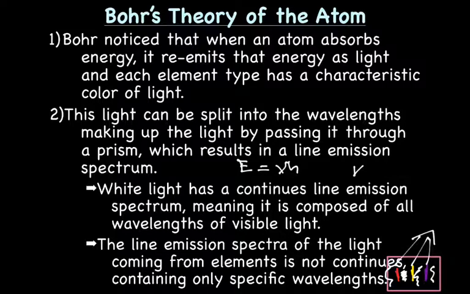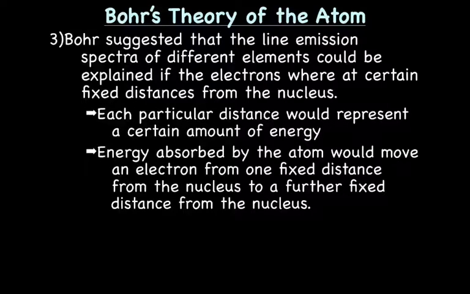So Bohr is saying that there has to be discrete amounts of energy, and I think this has to do with distance from the nucleus, because it's going to take more or less energy to move farther and farther from the nucleus.